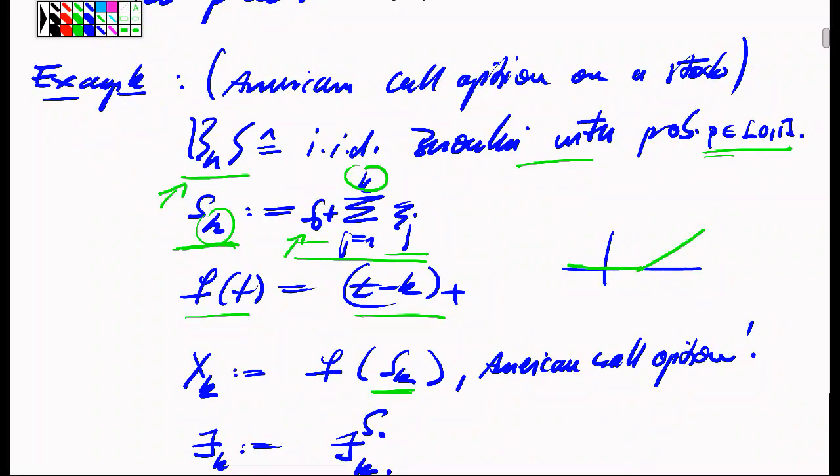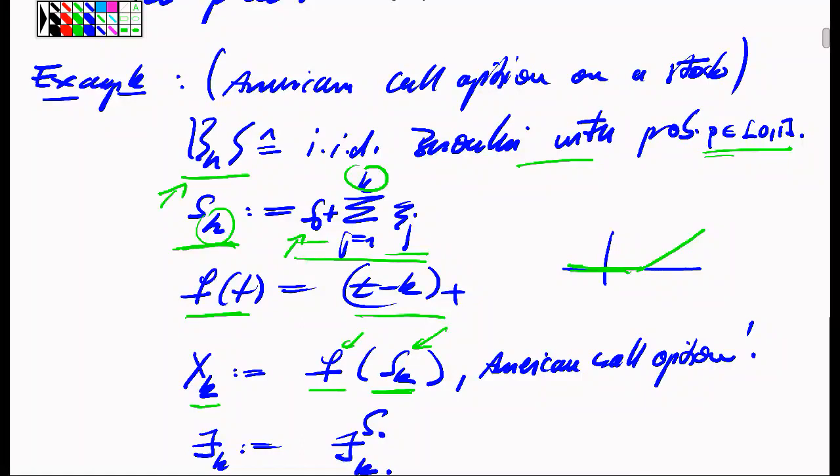So if S_k is the stock price, the bet on the stock price at time k is mathematically described by saying that the payoff of the bet, if it is paid off at time k, is given by evaluating the stock price at time k by means of this outer function f, which is more or less just the identity function, but shifted and taking only the positive part.